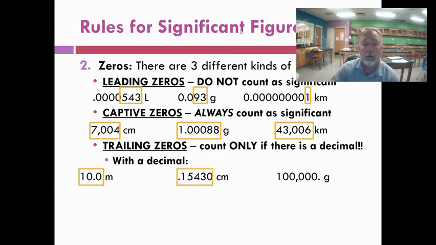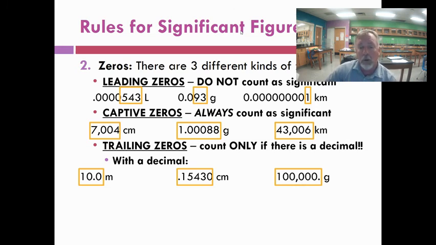Same thing with the next one. Doesn't matter where that 0 is, it counts as significant. Okay. And finally, the third one, this is a little bit of a different variation, right? Here, there's no zeros to the right of the decimal point. It really doesn't matter where the decimal point is. What matters is simply, is there a decimal point? So in this last one, yes, there's a decimal point. That means those zeros are significant, right?